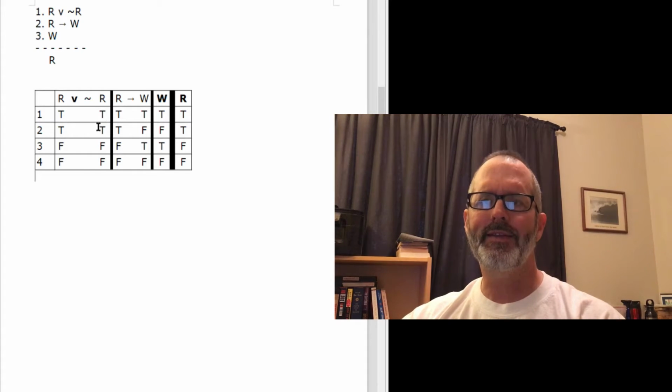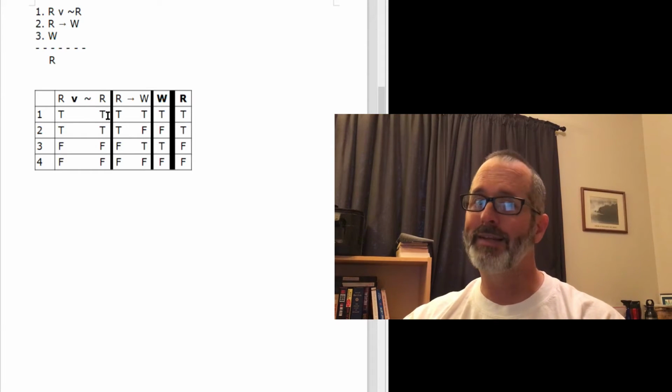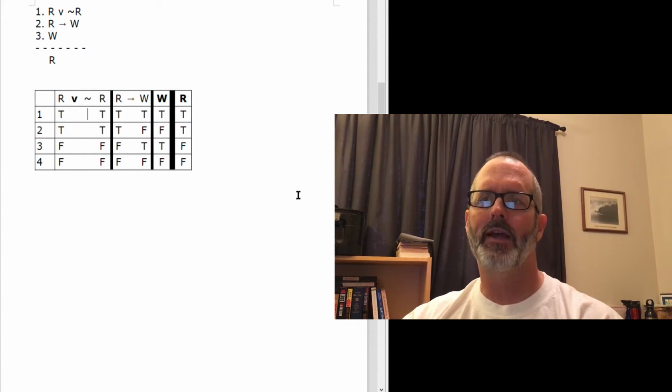Now, this technique, because underlining doesn't show up so much, what I actually do when I'm working is draw a line under and over this column so that it stands out visually. And that makes it easier to grade, by the way. I can see the order you're working in. But let's do the cross-out method today. I think this shows up the easiest on the computer.